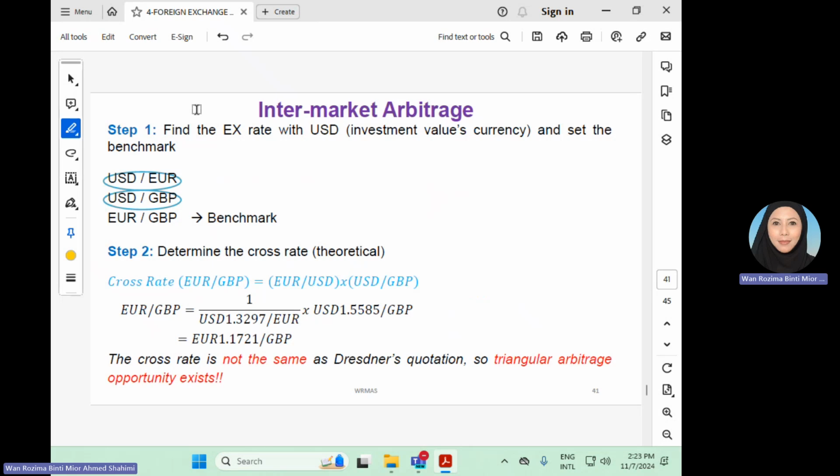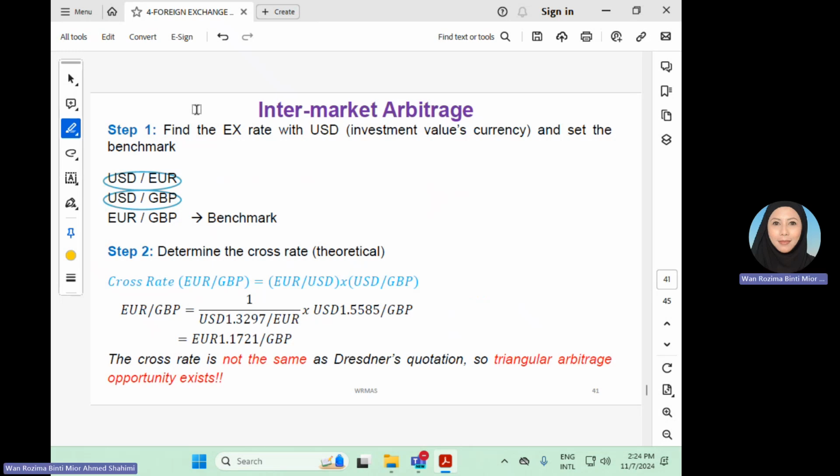Different. The one quoted by the bank is different from the real value, or we call it theoretical. So as an investor, if you can detect this, it means you can earn profit based on this discrepancy.